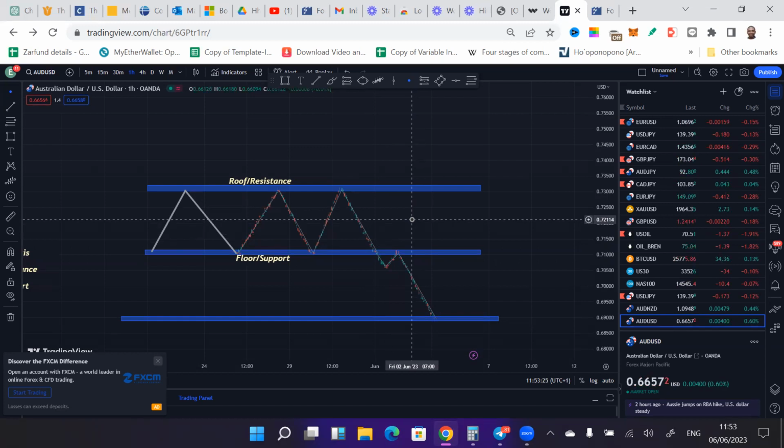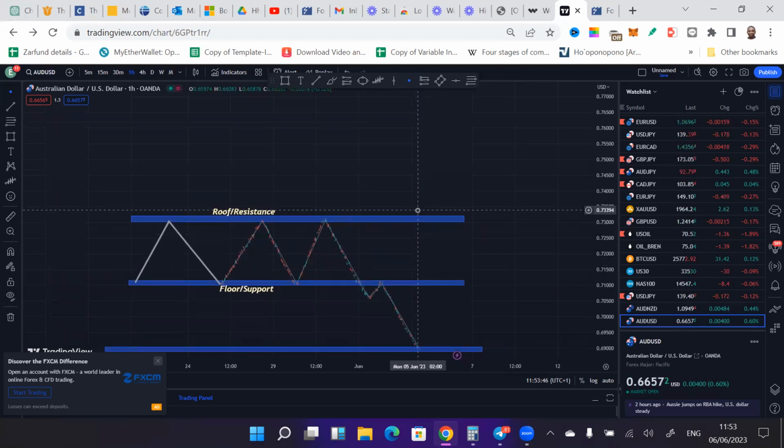The floor is now acting like a roof. It's now preventing price from continuing to go up. So you see price has a tendency to come down after breaking through a floor.